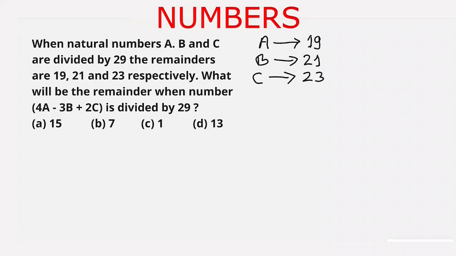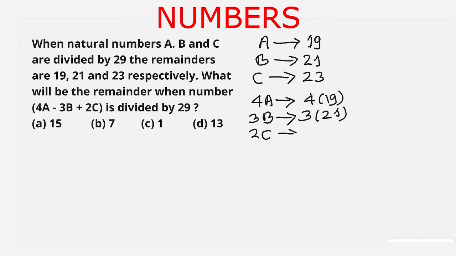Therefore, when 4a is divided by 19, it will give the remainder 4 times 19. 3b will give the remainder 3 times 21. And 2c will give the remainder 2 times 23.